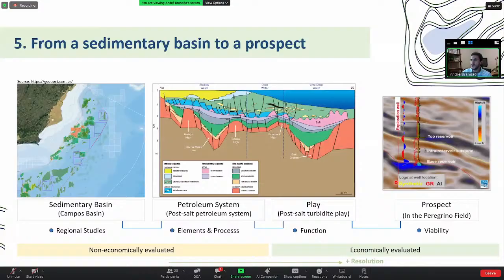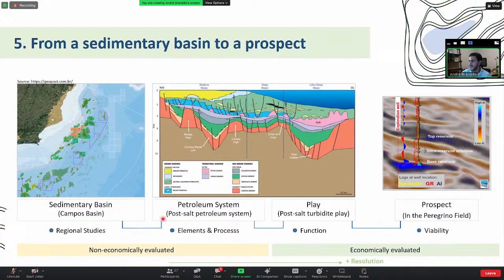So this is what I was mentioning, from a sedimentary basin to a prospect. So this is the Campos basin. We start with regional studies, mostly seismic interpretation. And then when you go to higher resolution studies, and you find these elements and processes that I'm mentioning to you, you have a petroleum system.